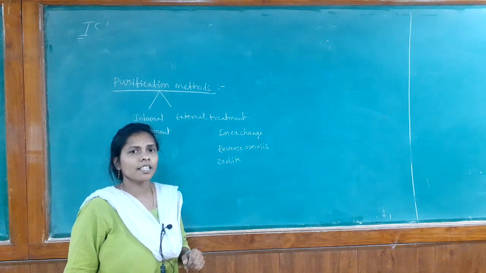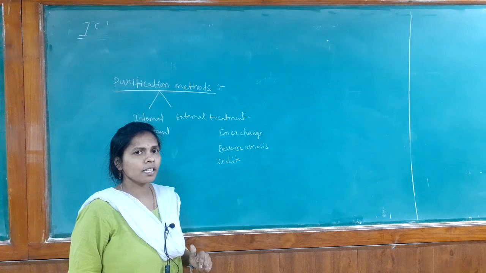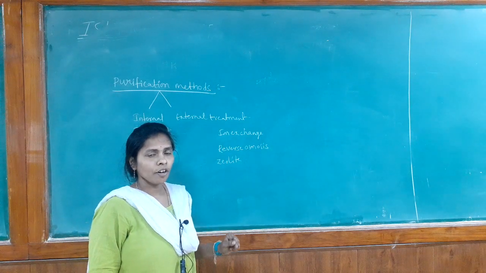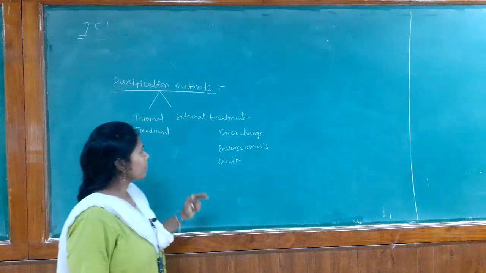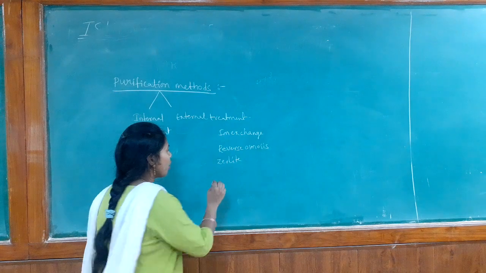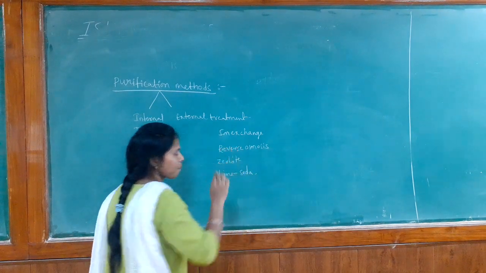But the lime soda process is not part of our syllabus. The zeolite process is part of our syllabus. Today I am going to explain the zeolite process, a purification technique, and these three are examples of external treatment. Along with that, one more example is the lime soda process.